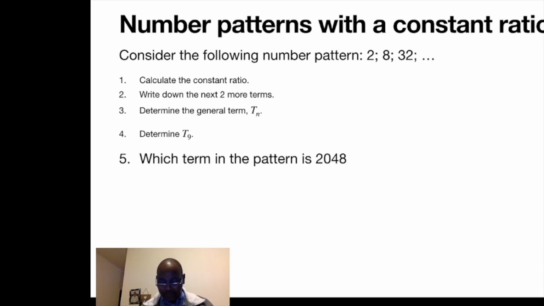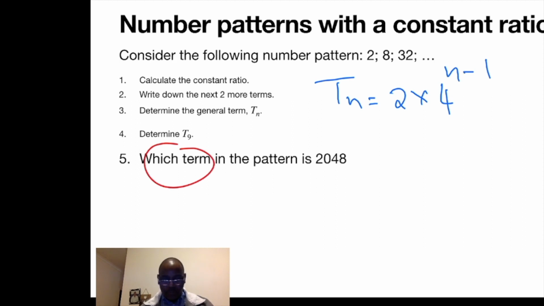And finally, again, remember that Tn is equal to 2 multiplied by 4 to the power of n minus 1. Which term of the number pattern is 2048? Now we are given Tn. So where there is Tn, we put 2048.